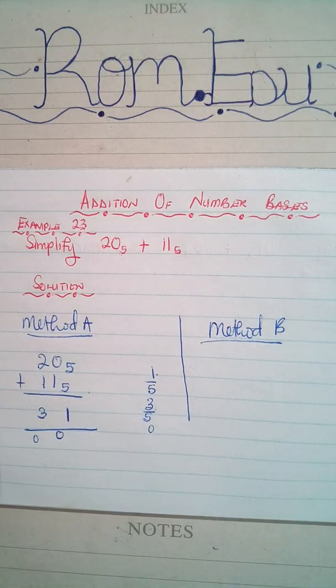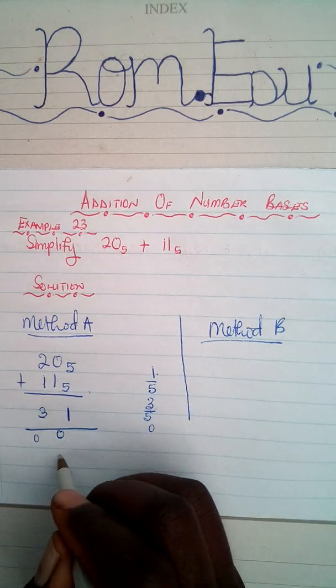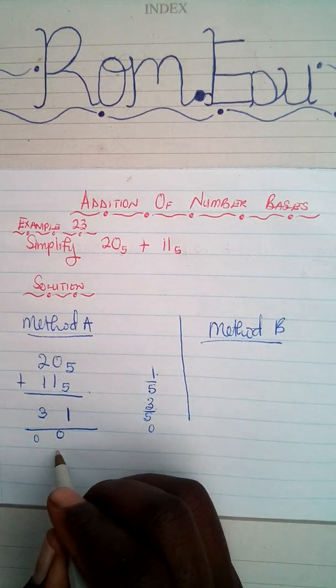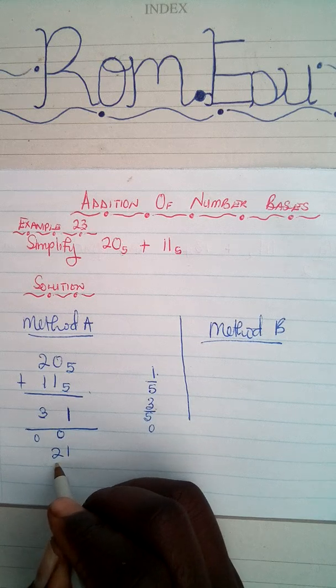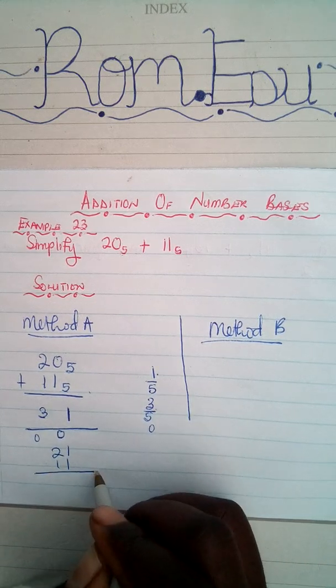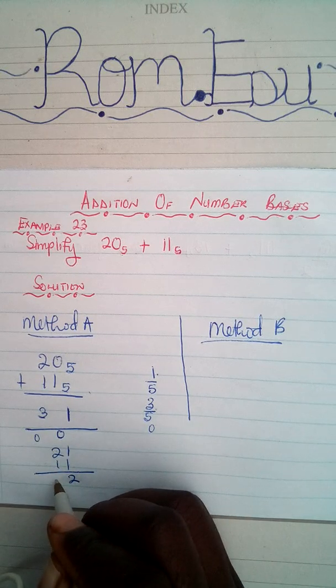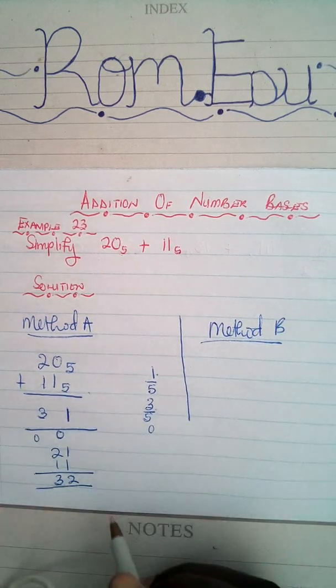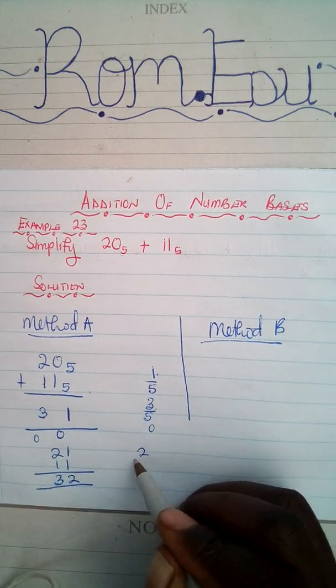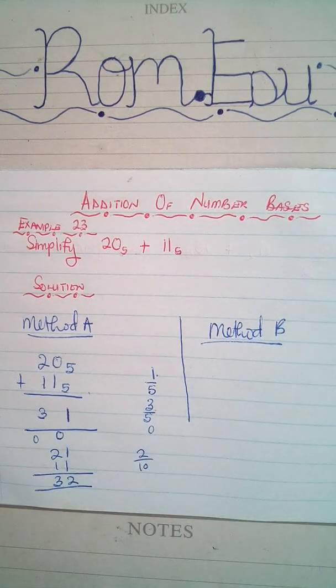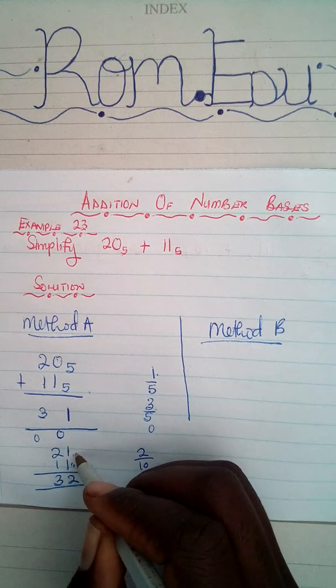So we have been doing this all along in the denary system. For example, let me show you. Let's say 21 is being added to 11 in base 10, like what we've done. It's 1 plus 1 is 2, then I write my 10 there, since it's in base 10.